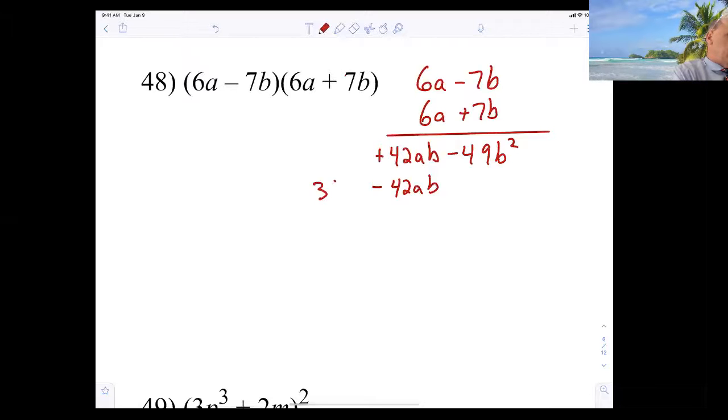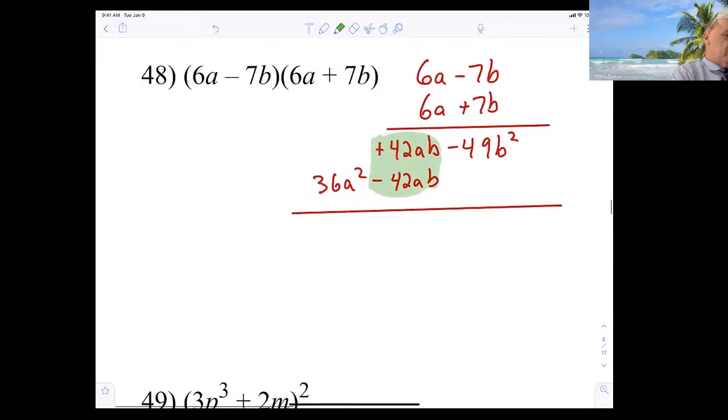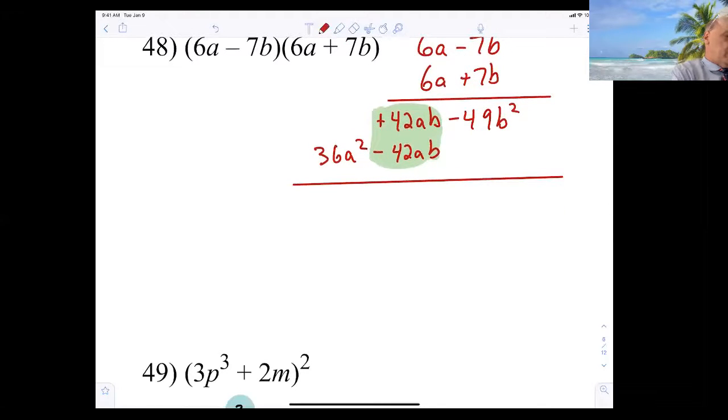And then it would be 36a squared. And then what happens to the middle terms here? They cancel out. You are correct. Everybody okay with that?